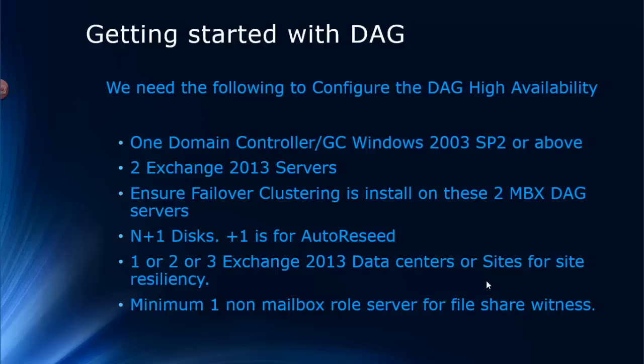If you want to use the AutoReseed feature, then n+1 disks are required, plus 1 extra disk of the same size. 1 or 2 or 3 Exchange 2013 data centers or sites for site resiliency. If you are really looking for site resiliency, go for 3 data centers.